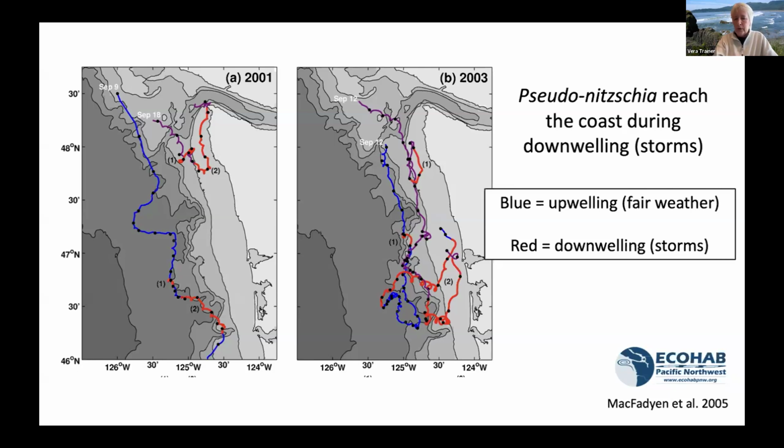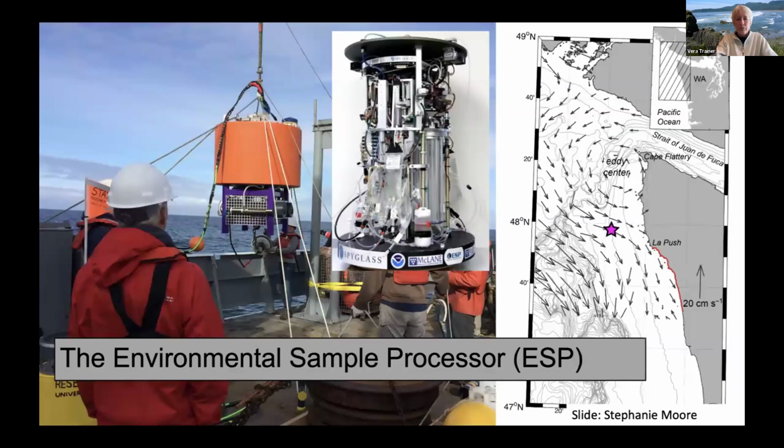So how do we know that this is happening? We're using, for example, the Environmental Sample Processor, which is shown here. In the pink star there, you'll see the current location of the ESP, and it was strategically placed in the track of the drifters from the eddy center.